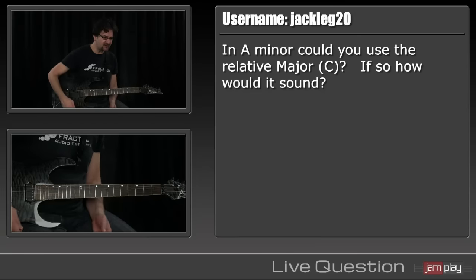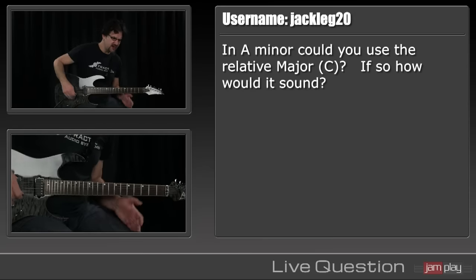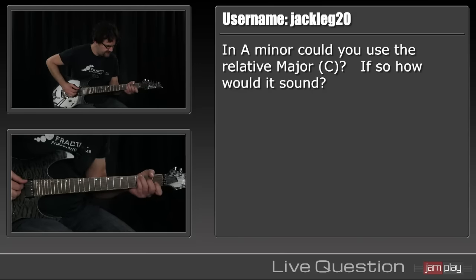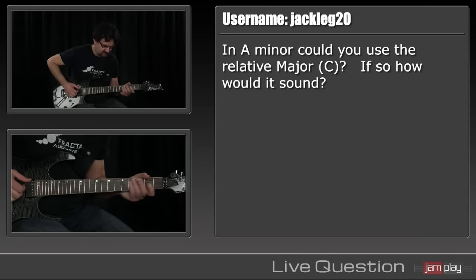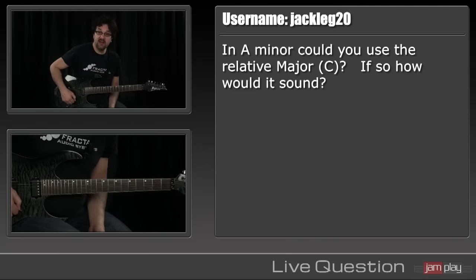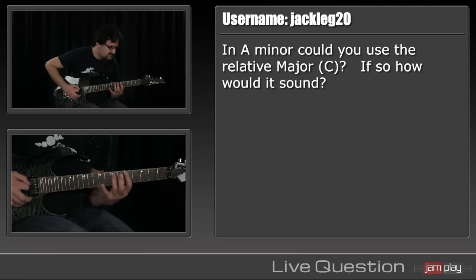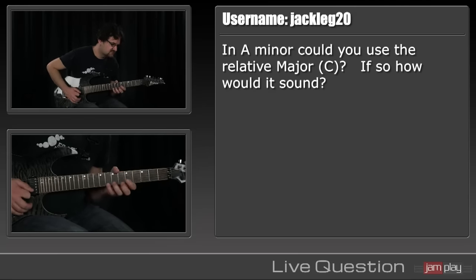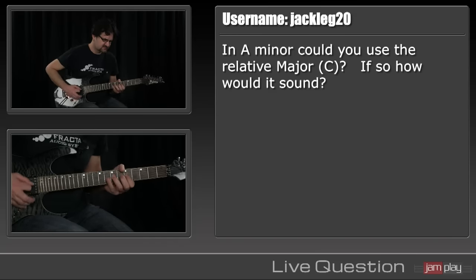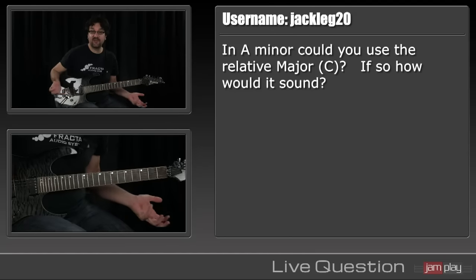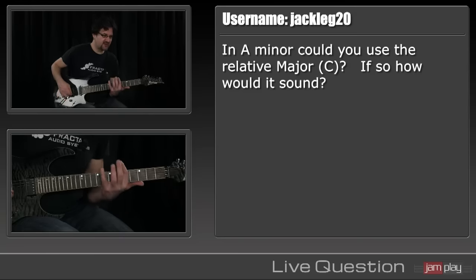So how would it sound if we are playing something in C major, for example, and I played an A minor. Now I play C major. It gives you the same exact feel, right? The only difference is the note I'm starting from.